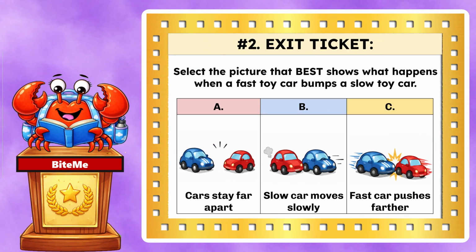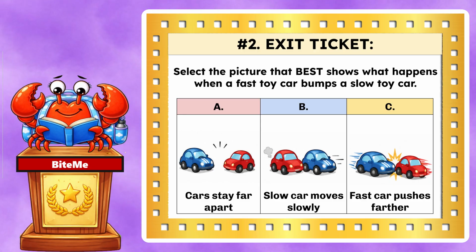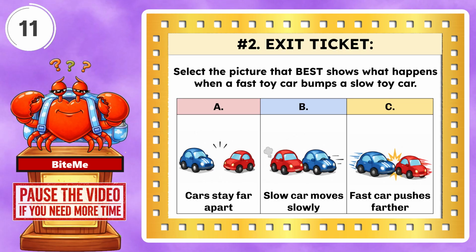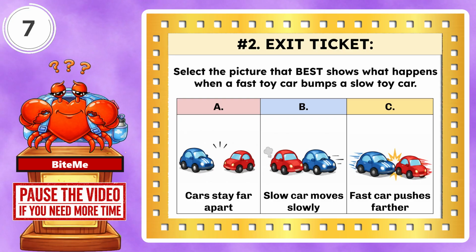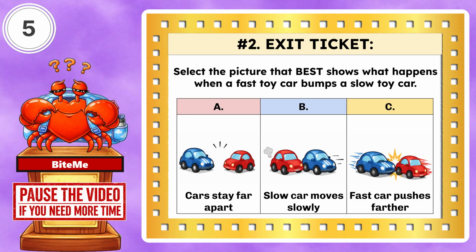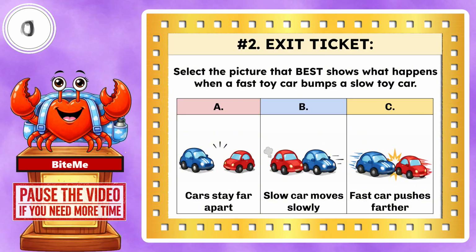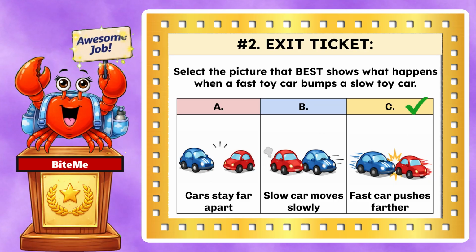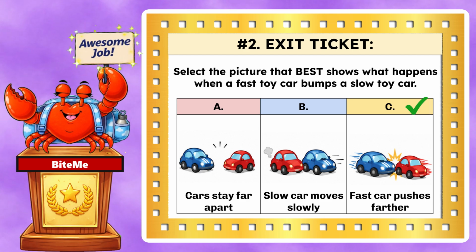Select the picture that best shows what happens when a fast toy car bumps a slow toy car. And the correct answer is letter C, fast car pushes farther.